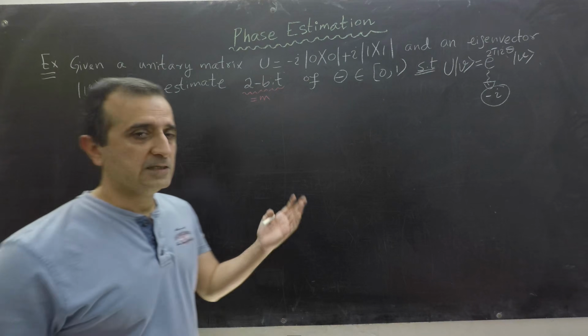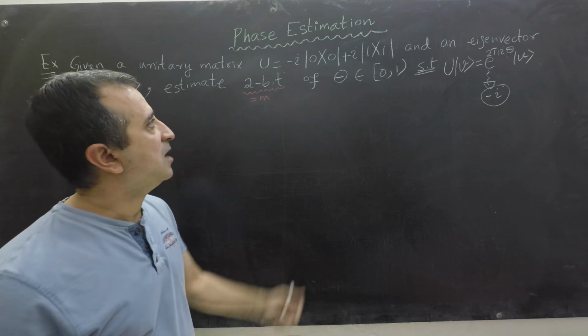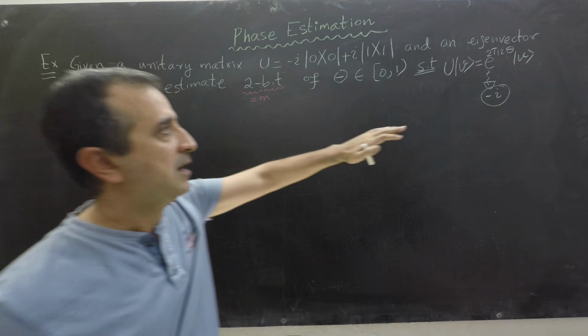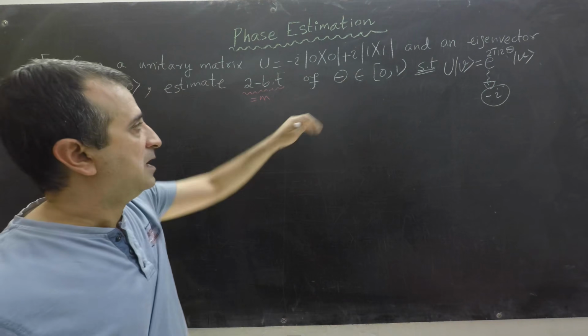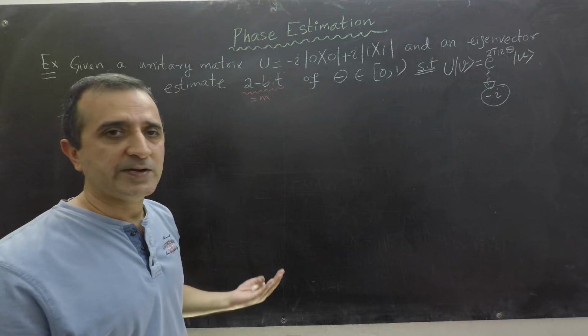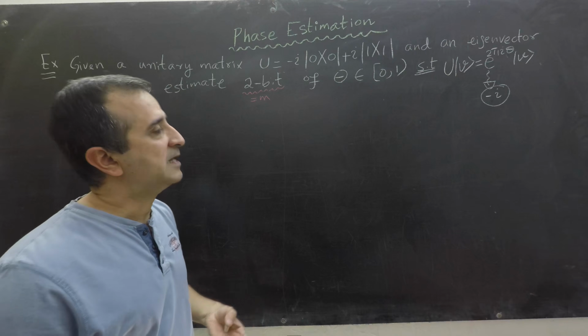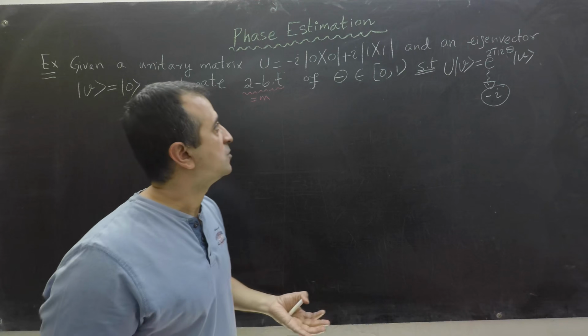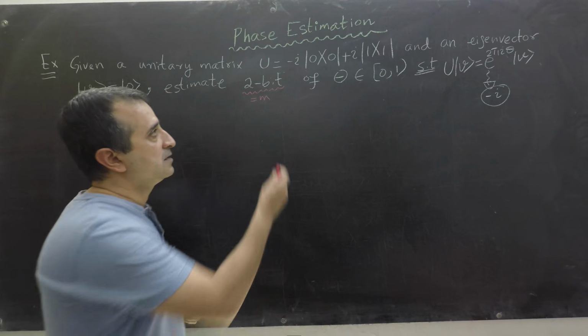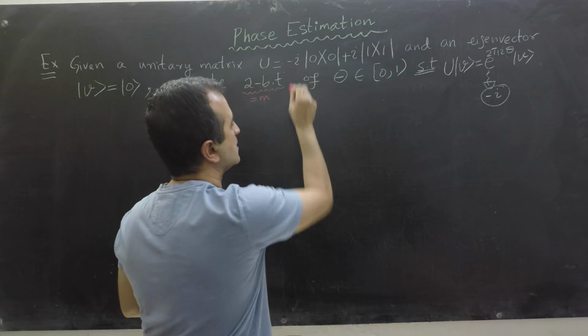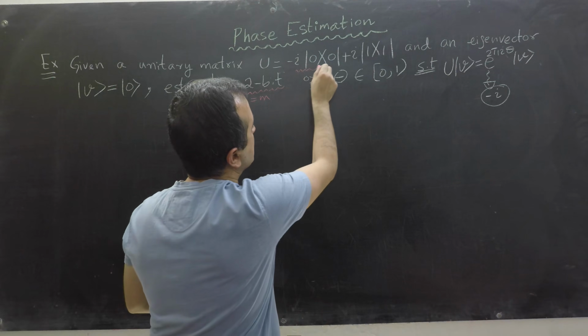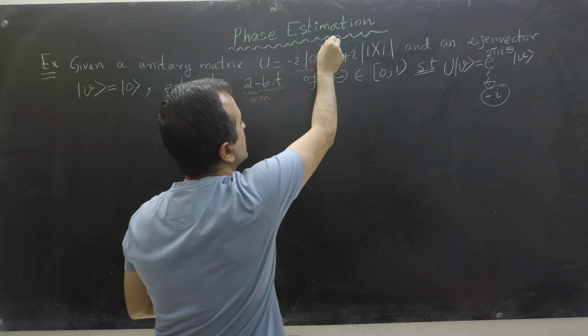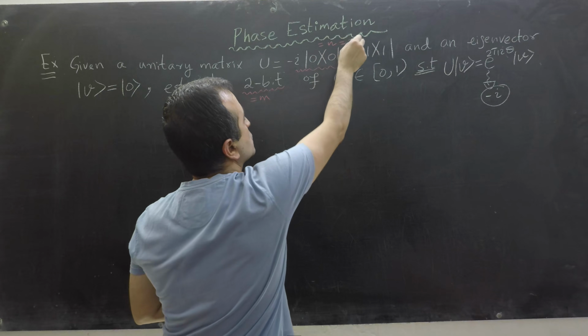In contrast, the size of the second register depends upon our unitary matrix and eigenvector size. Because our unitary matrix is a 2 by 2 matrix, in this case the size of the second register is also 2 qubits. So let's say this is our n, which is also equal to 2.